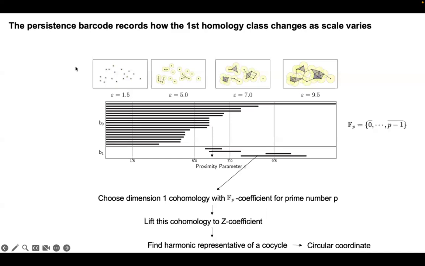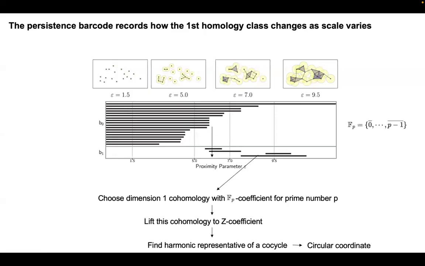Oh, can I have a question? I suppose the lines corresponding to B sub 0 represent the black dots we initially have. Yeah. And then they die when dots are connected by line segments as we increase the radius of the yellow circles.